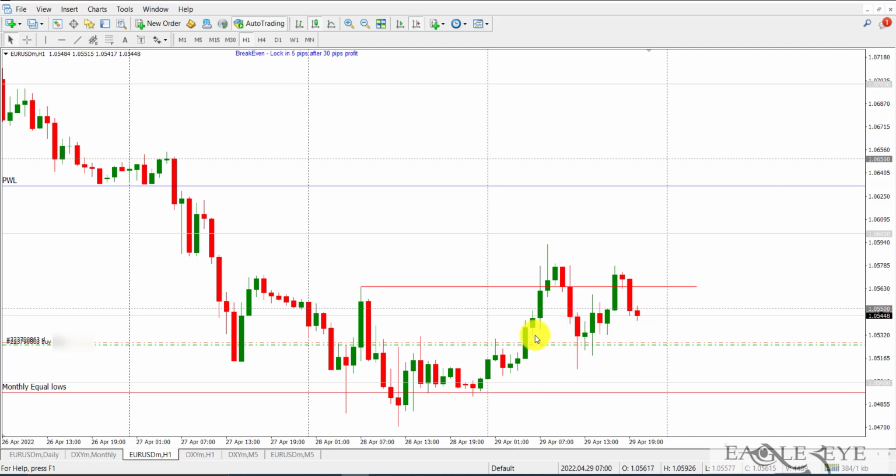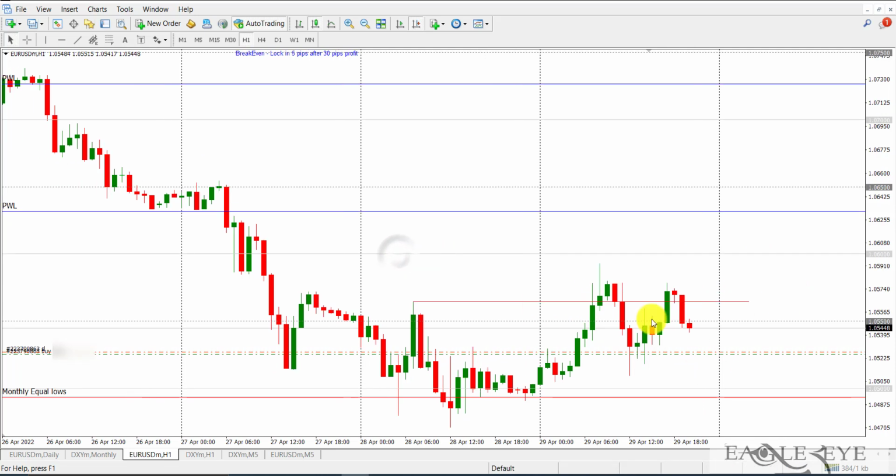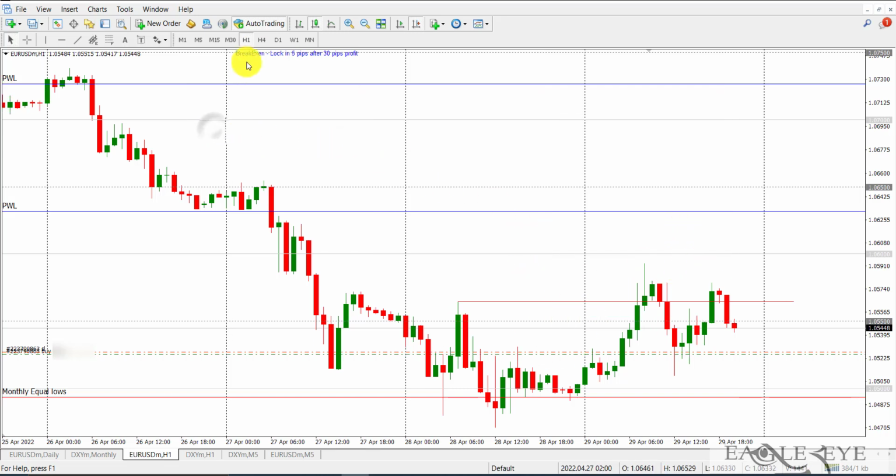Now what I'm expecting in the coming week is some kind of consolidation or some kind of retracement back into this range.